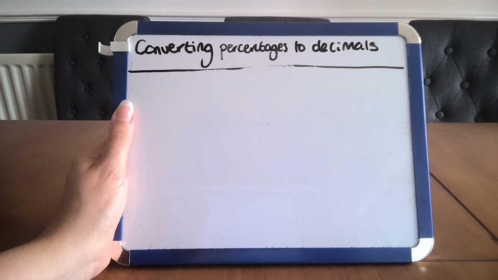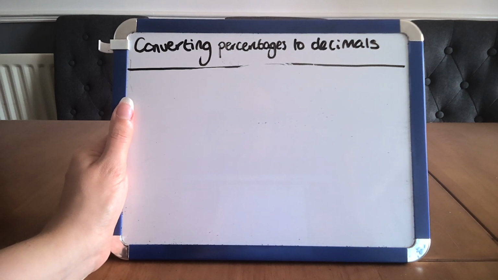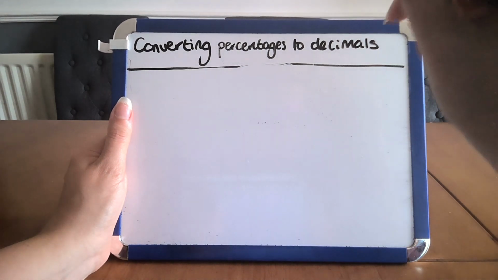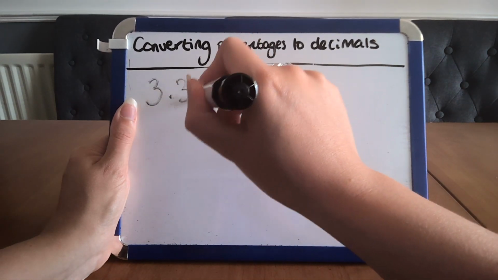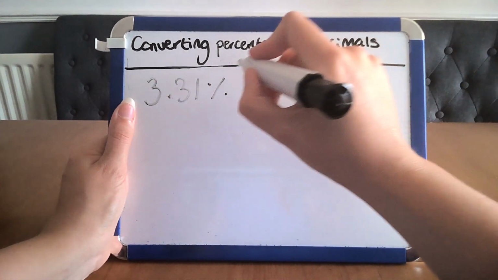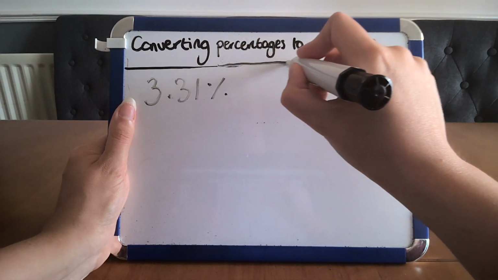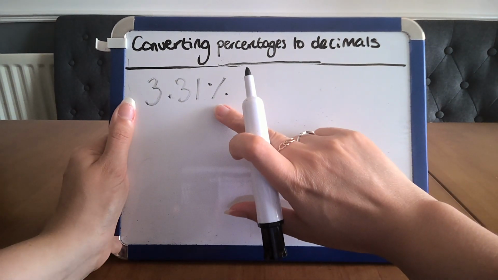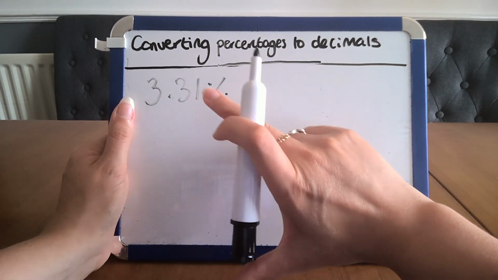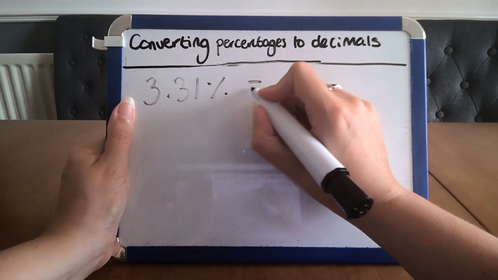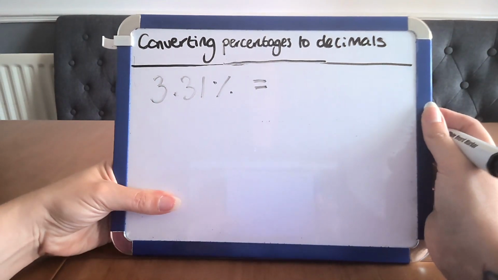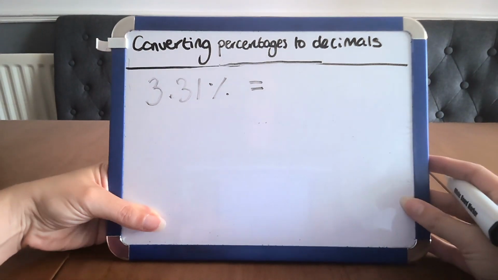Now, you won't need this for level 1 maths, but it might be handy to learn. If you end up with a percentage that is already a decimal number, because it still has a percentage mark after it, it's still a percentage, it's not a decimal, it's a decimal percentage. So if we want to convert it just into a decimal number, then we still use the same method.